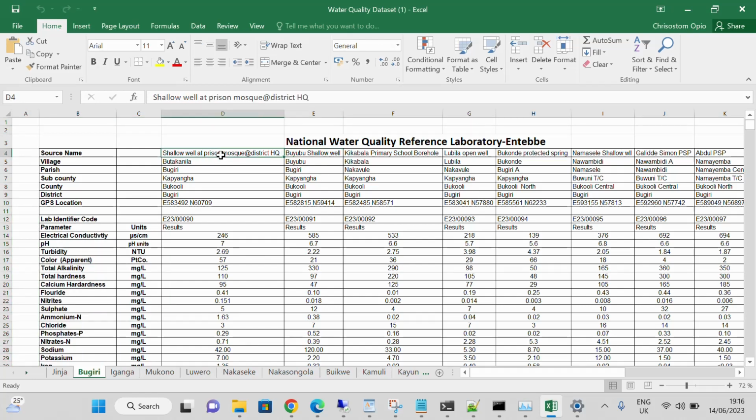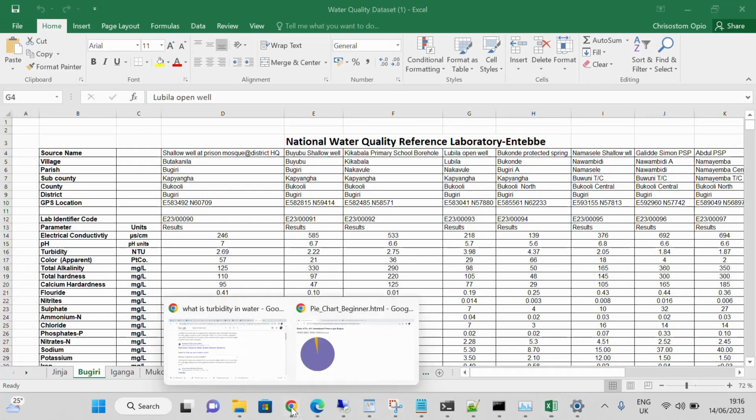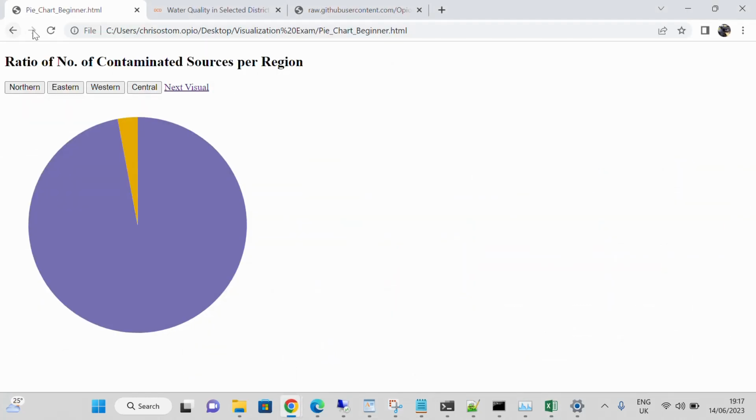Here you see there's a shallow well, there's a borehole, there's an open well, and so on and so forth. And our visualization is basically going to summarize key aspects that I picked for this particular presentation.